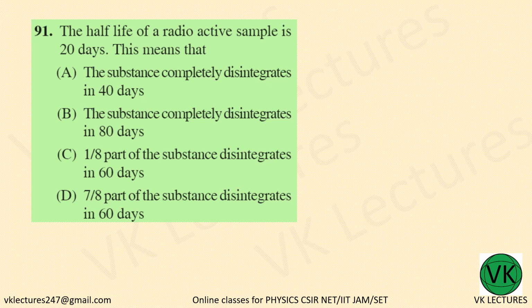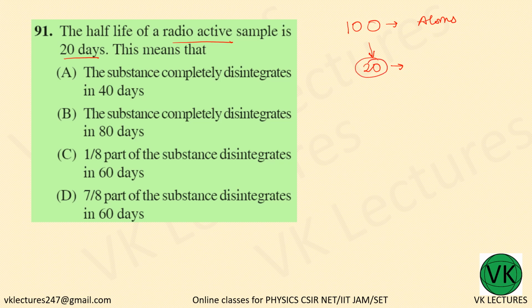Half-life of a radioactive sample is 20 days. This means that if there are 100 radioactive atoms, now after 20 days it will become 50.